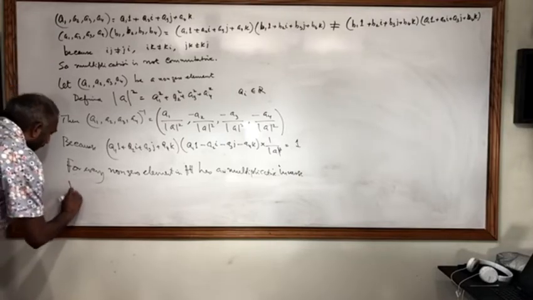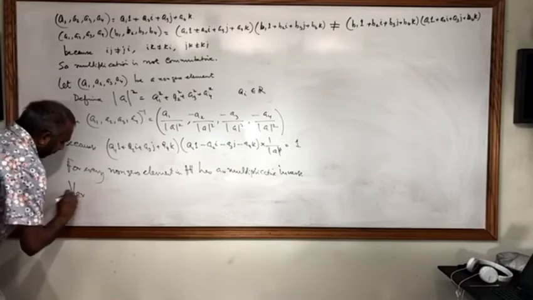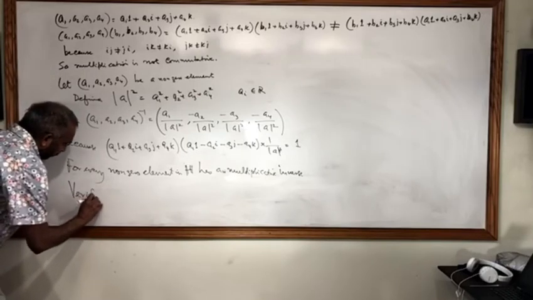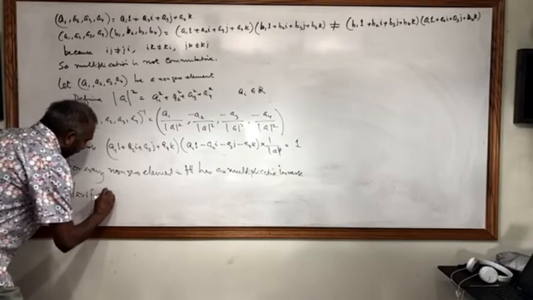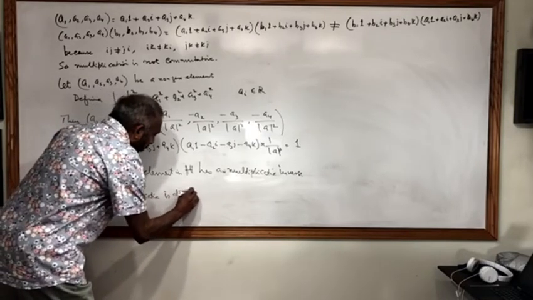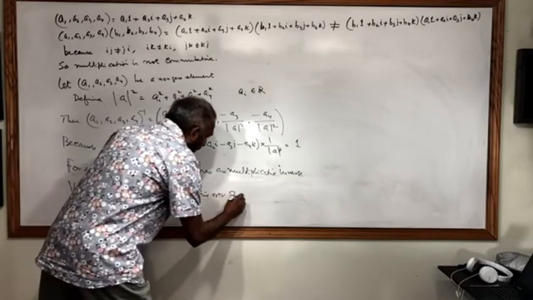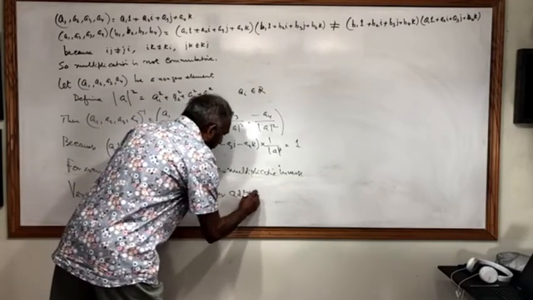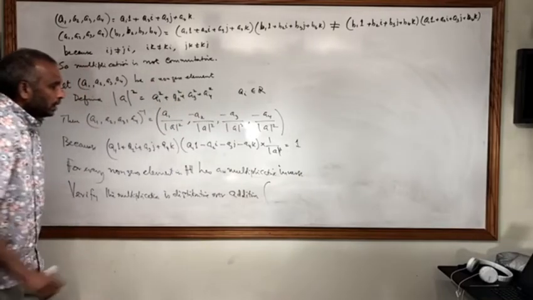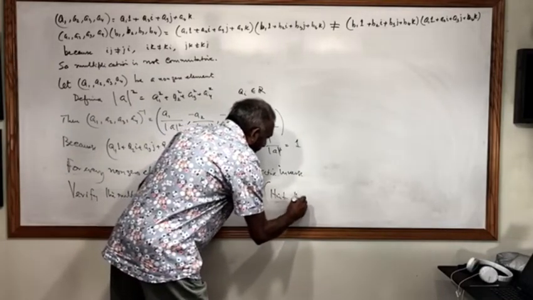So verify, I'm not going to do that, that is just an exercise. Verify the multiplication is distributive over addition. This is true actually because, hint, the elements of H are from R.